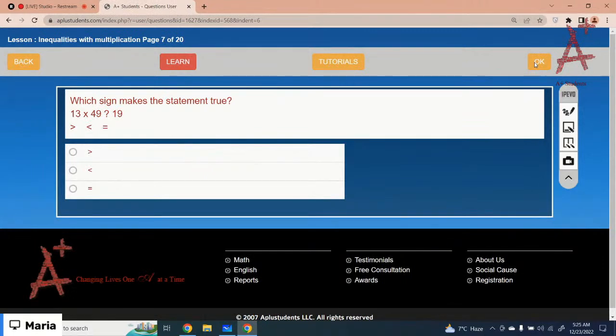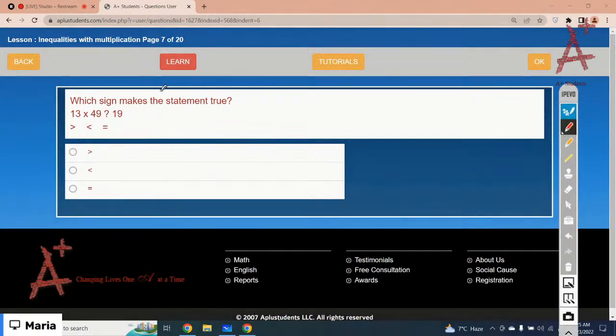Which sign makes the statement true? You have to do 13 times 49 and then compare it to 19. Obviously 13 times 49 is greater than 19. Got it? You can check by multiplying. 9 times 3 is 27. Write 7 and carry 2. 9 times 1 is 9 and 10, 11. Now you are going to multiply the tens digits. Write 0 right below the ones. 4 times 3 is 12. Write 2 and carry 1. 4 times 1 is 4 and 5.